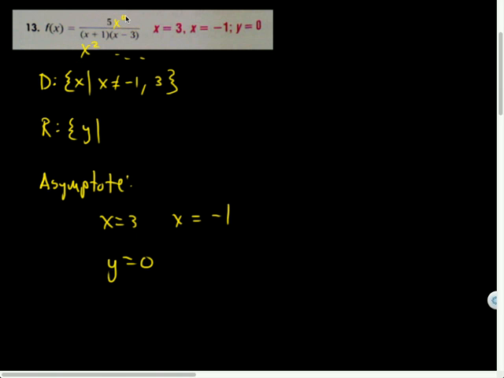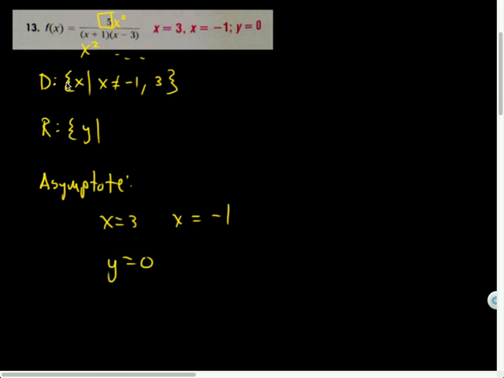Now, if it's a tie, if both of these were x squareds, then it is the ratio of their leading coefficients. So in this case, if this was 5x squared over 1x squared, it would have been y equals 5. All right? Or if this was like a 2x squared, then it would have been 5 halves. Or if this was 10, it would have been 5 over 10, which is 1 half.